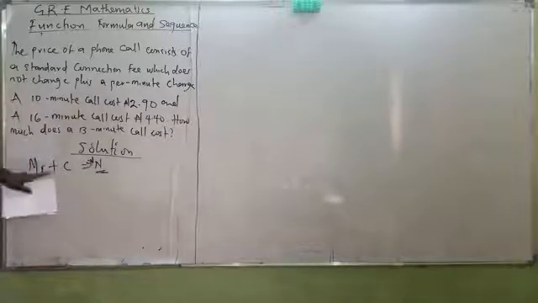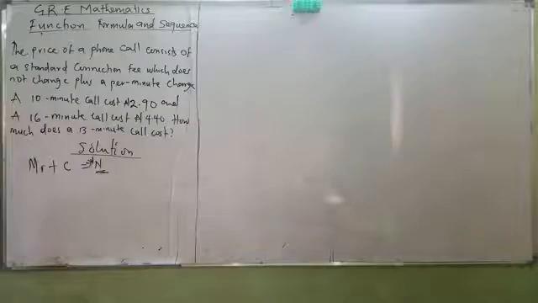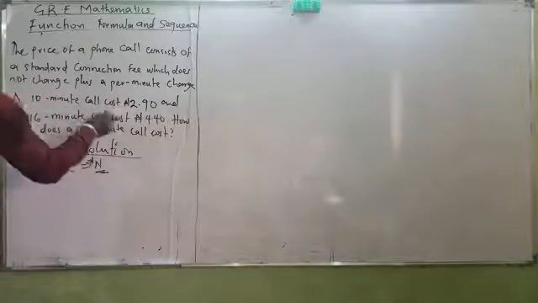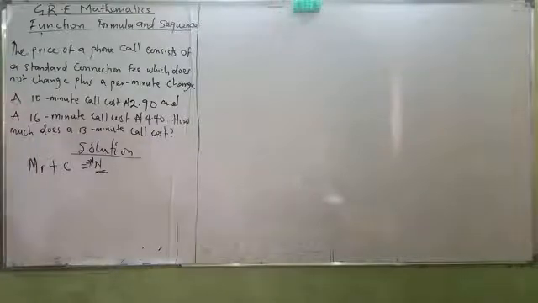Now, where M and C are constant, the first thing is that this costs this, and this costs this.